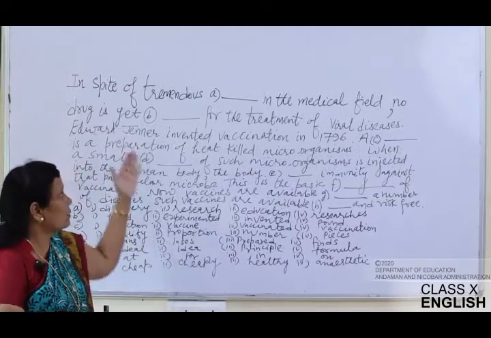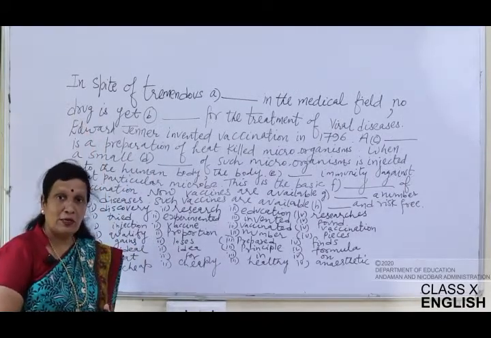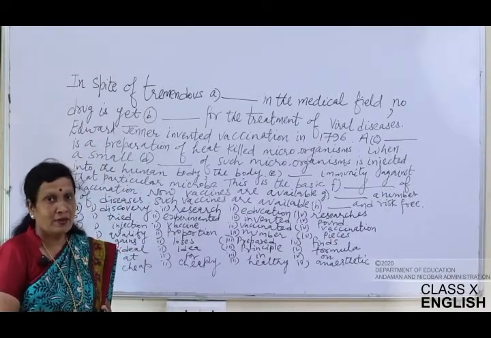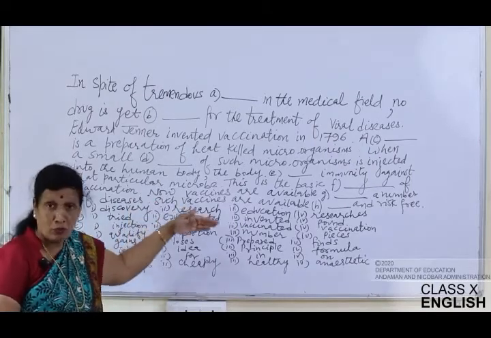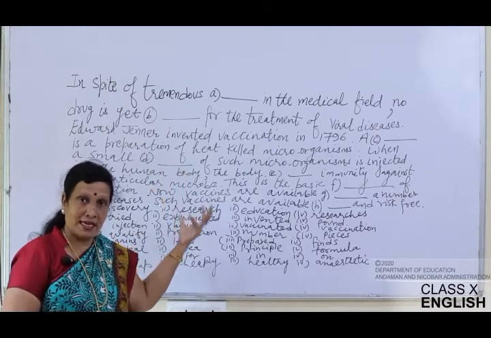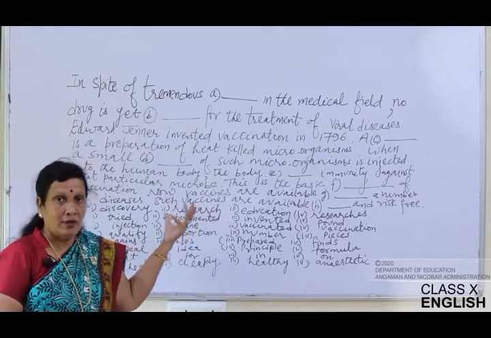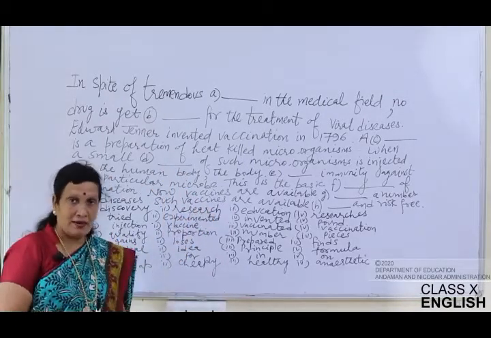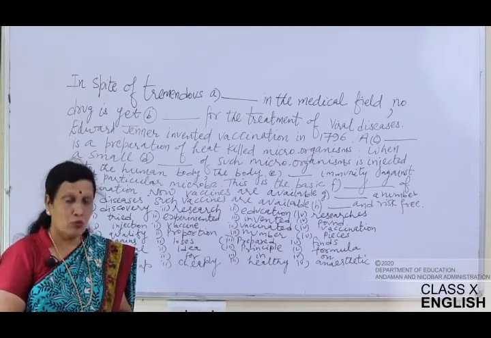Now, let us look at this cloze test exercise which has got vocabulary for you. Now, when you are doing this type of exercise, you should on one hand have a very good vocabulary.